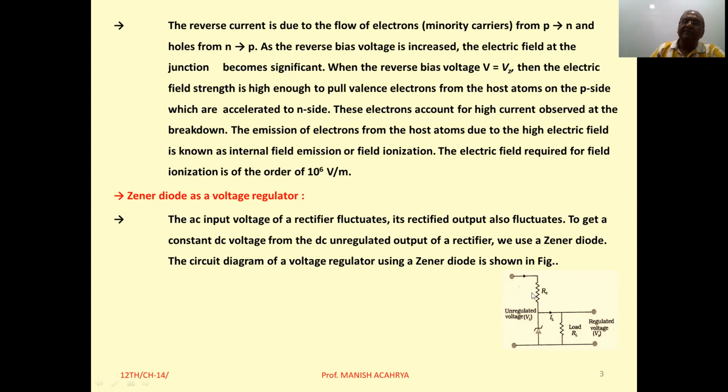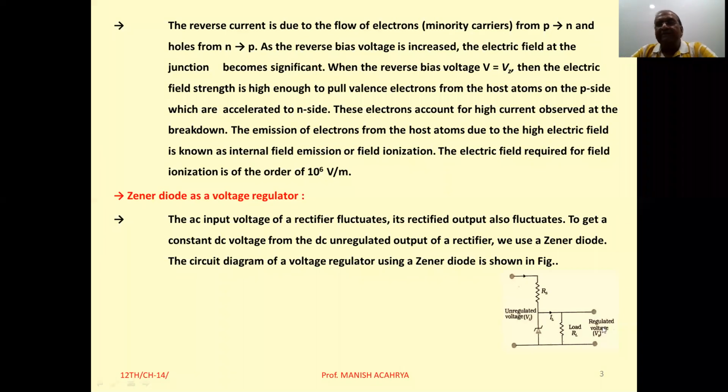So in this way, whatever fluctuation takes place in the input unregulated voltage, corresponding to that, the potential difference will be obtained across RS. But the potential difference across the Zener will remain constant, and that is 6 volt, and that will be obtained in output.